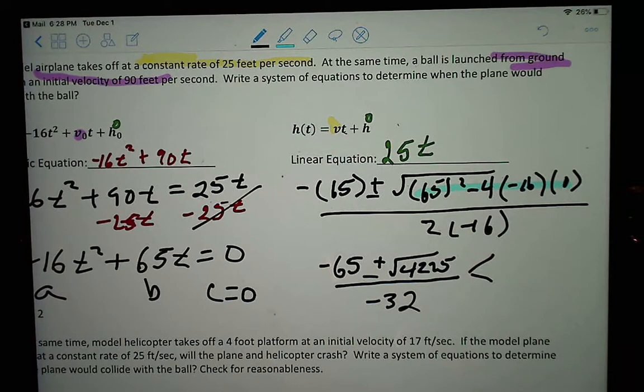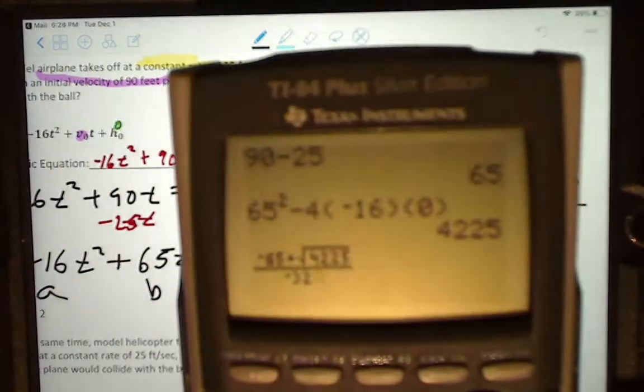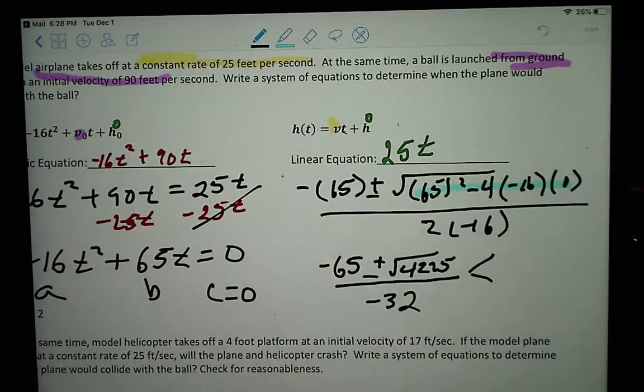Okay. So if I do this, I do a negative 65 plus the square root of 4225 all over negative 32, kind of like this. And I get the first answer to be 0. That's nice.